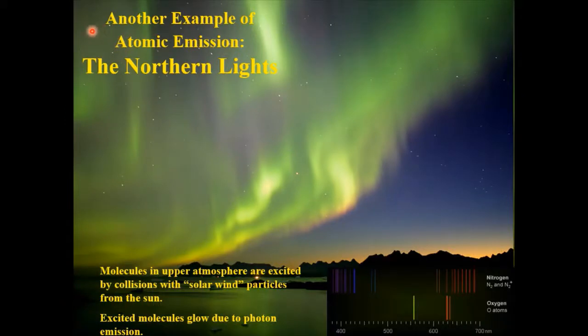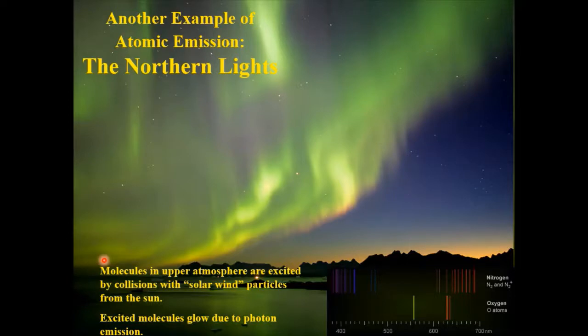Here's another interesting example of atomic emission. These are called the northern lights, or the aurora borealis, and these are seen in the northern and southern latitudes on Earth. What's happening here is molecules in the upper atmosphere are excited by collisions with solar wind particles that come from the sun.